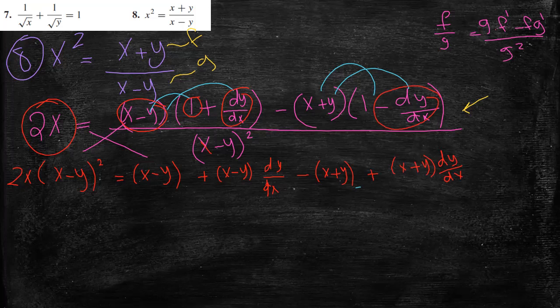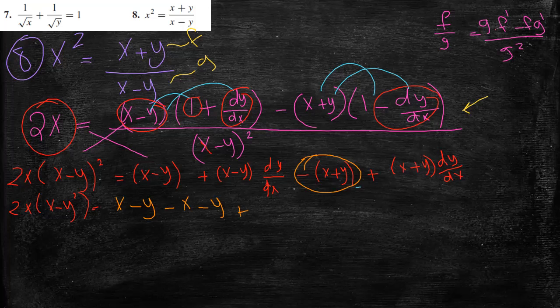Now, here we have 2x times (x minus y) squared. Now, let's try to simplify it. It's (x minus y) minus (x minus y). This is for these two terms here. Then plus.